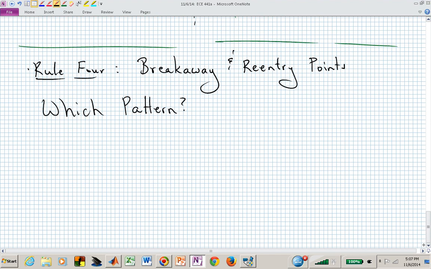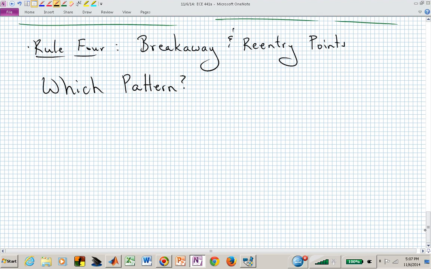Again, if you were just doing this on the back of an envelope, you might not know which pattern you have, and you could potentially have a couple of different scenarios, as I've already indicated.